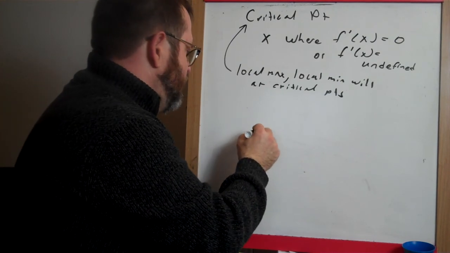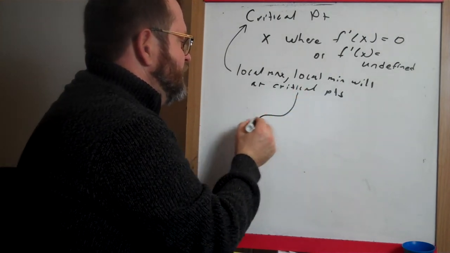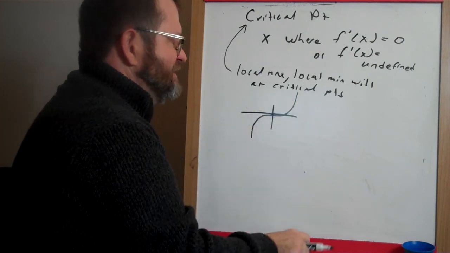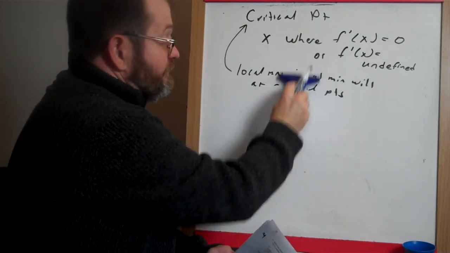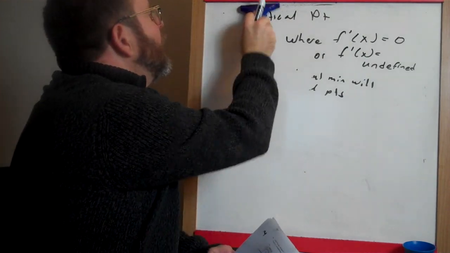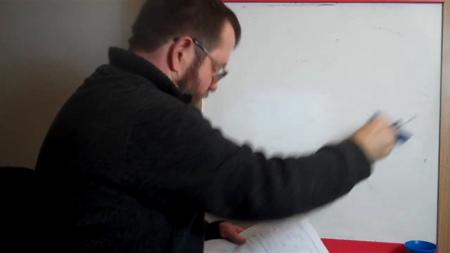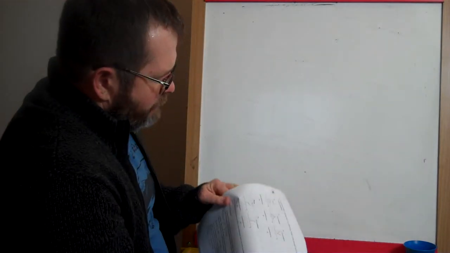You guys will see in just a little bit. For example, a function that does something like this point right here will turn out to be a critical point, but that's not a maximum or a minimum. That's called an inflection point. But those will be the places we'll start looking for our critical points.